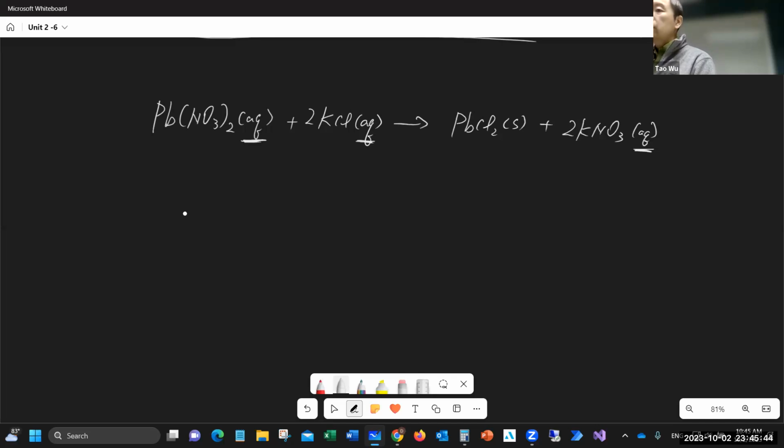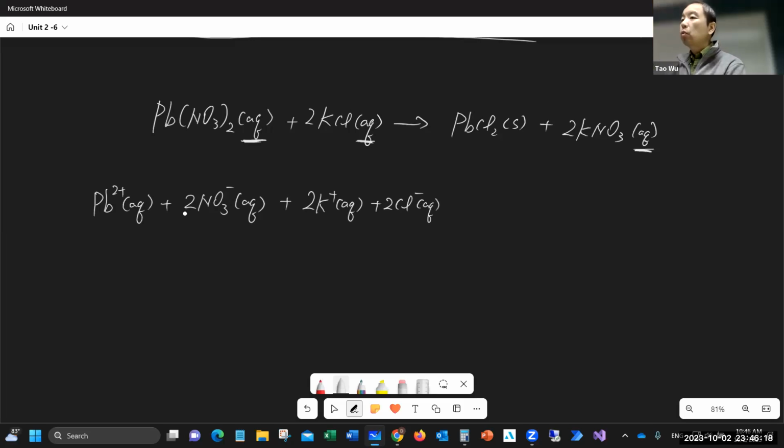Lead nitrate is soluble, so in the solution it becomes a lead ion and 2 moles of nitrate ions. You see, 1 lead and 2 moles of nitrate. And 2 moles of potassium chloride does the same thing: it will dissociate into 2 moles of potassium ions and also 2 moles of chloride ions.